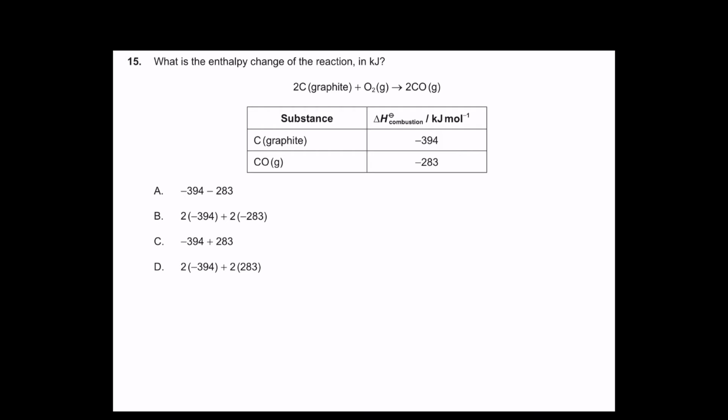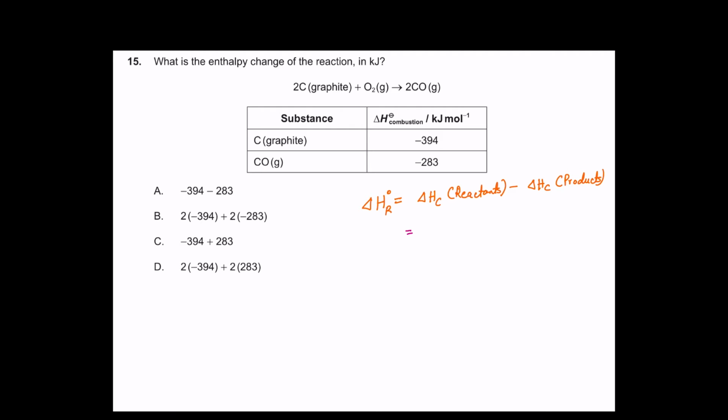In this question, we can directly apply the formula. The enthalpy of a reaction is the enthalpy of combustion of reactants minus the enthalpy of combustion of products. The enthalpy of combustion of O2 will be 0.